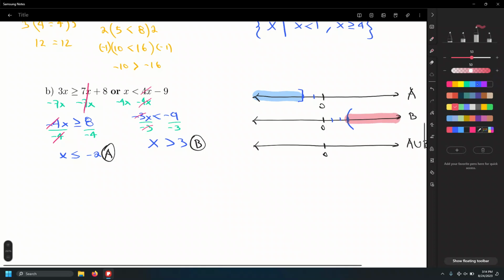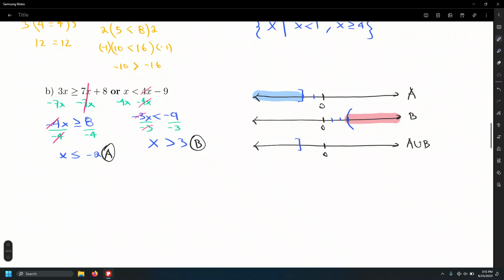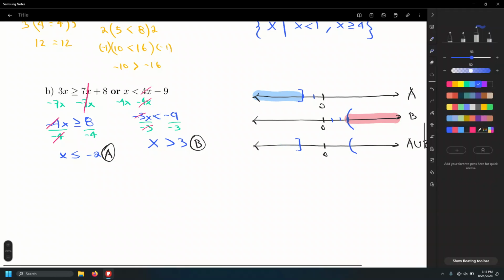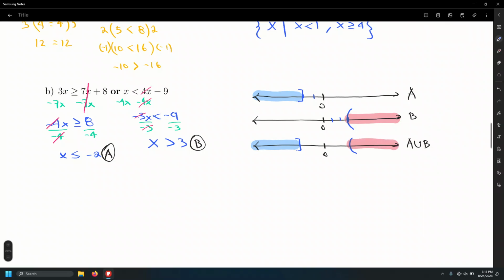All right, let's put these two sets together. Let's make a sandwich of these two sets. That's going to be -2, 3. Shade to the left, shade to the right. But in this case, what are we looking for?